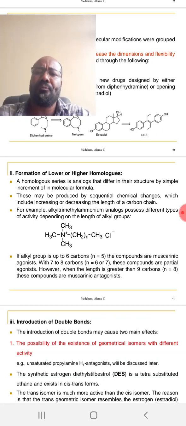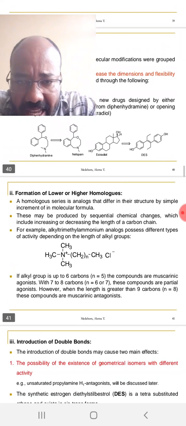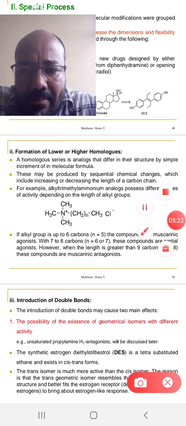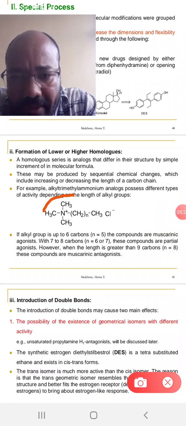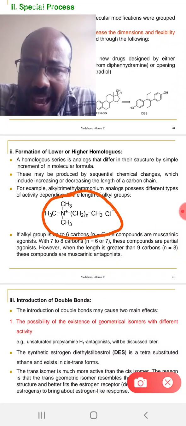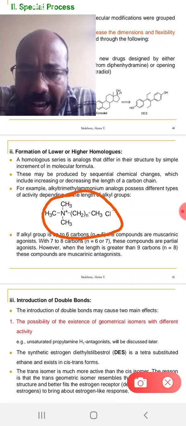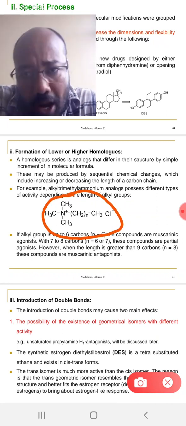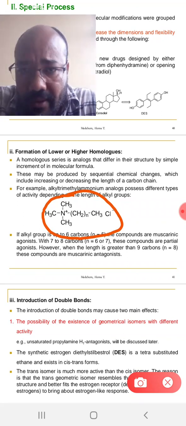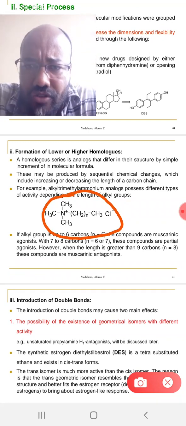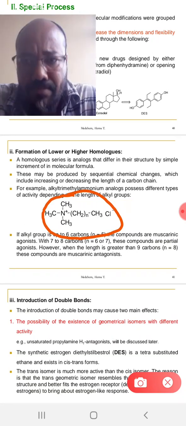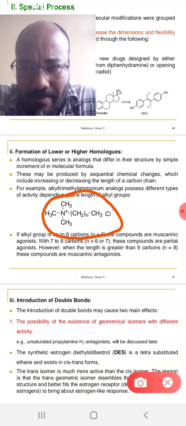For example, this is the structure for alkyl trimethyl ammonium. When N is 5, it is a muscarinic full agonist. I mentioned this. Full agonists are drugs that can produce maximum response, maximum efficacy.